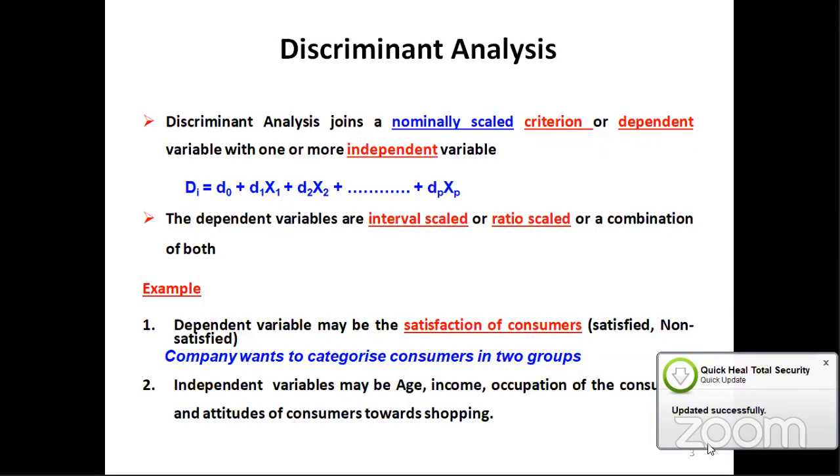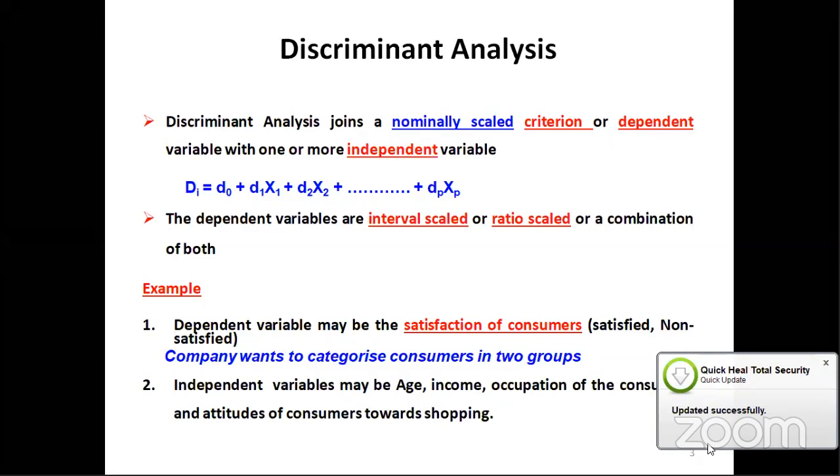Discriminant analysis. So if you see the definition on the screen, discriminant analysis joins a nominally scaled dependent variable with one or more independent variables. Sorry, here, this is not the dependent variable, this is the independent variable. The independent variables are interval scale or ratio scale or a combination of both.